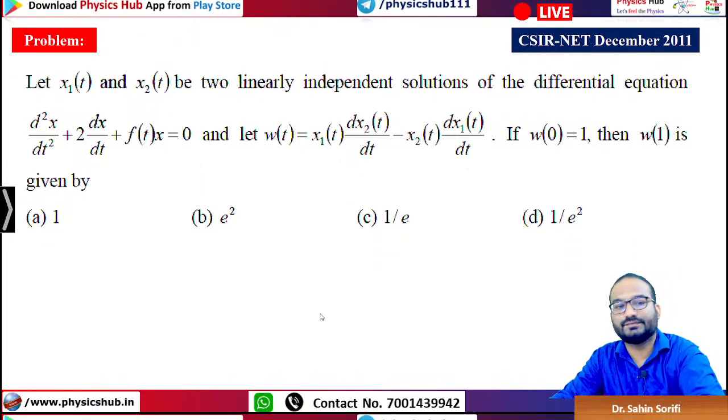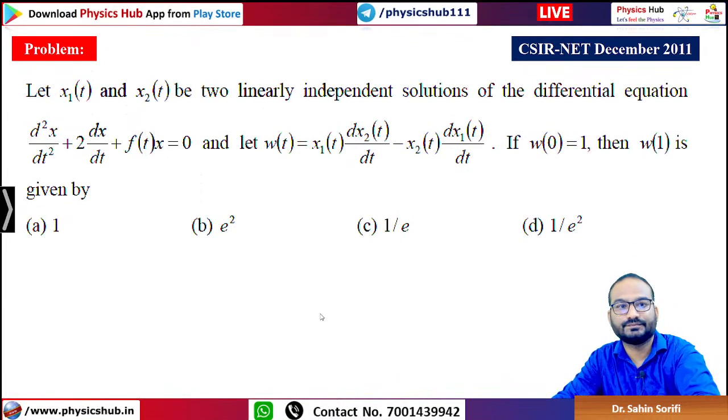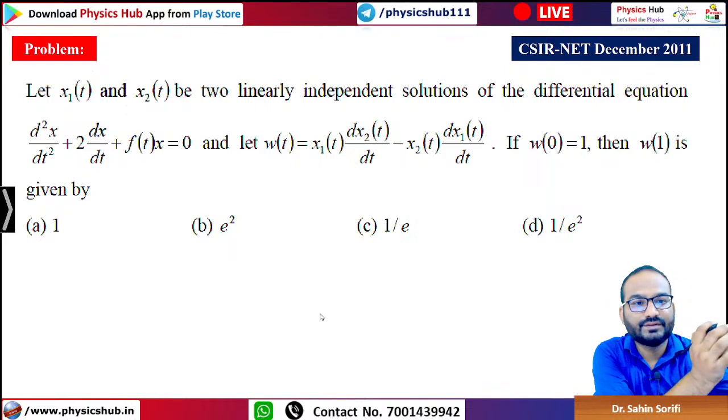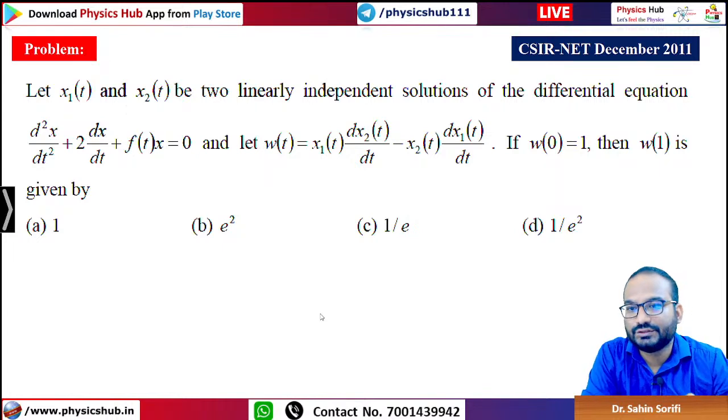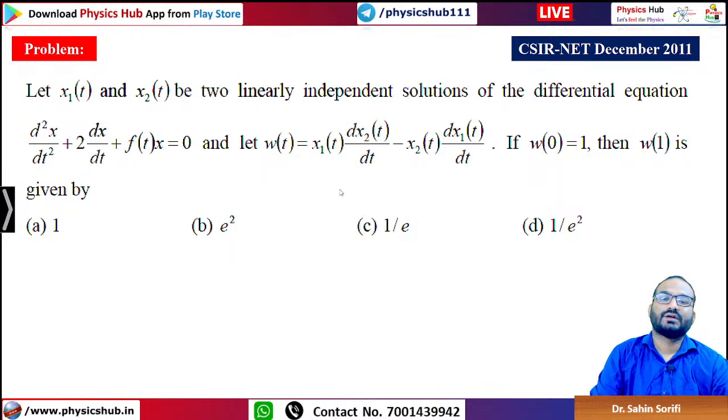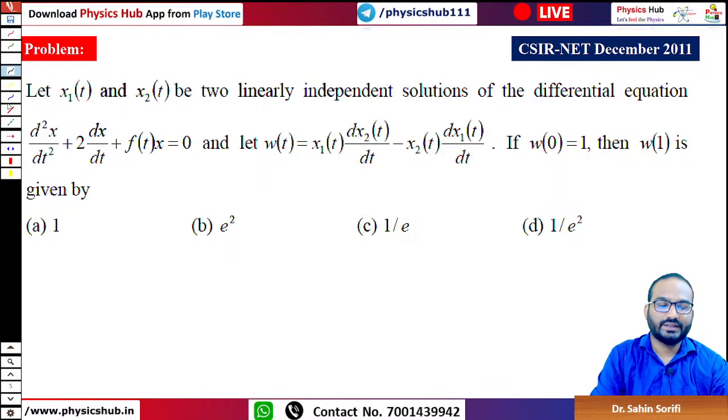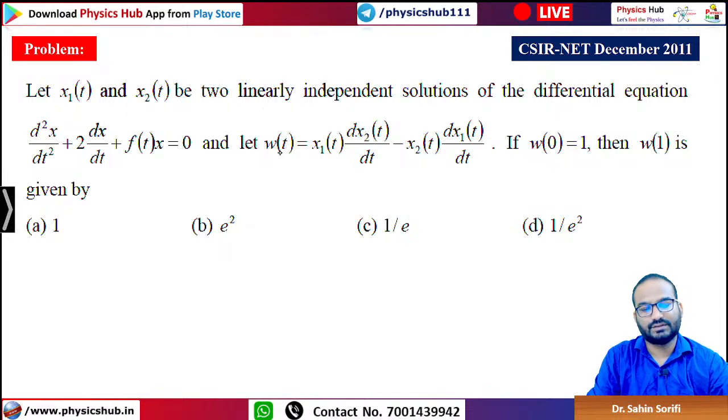Okay, let's go and solve this problem. It came in December 2011. Let x1(t), x2(t) be two linearly independent solutions of the differential equation given here, and let W(t) be this. It is not explicitly telling you that W(t) is the Wronskian, but from the definition you can see that it is x1 x2 prime minus x2 x1 prime.